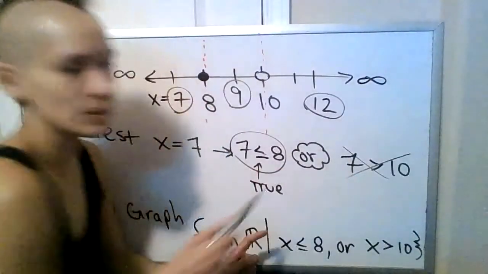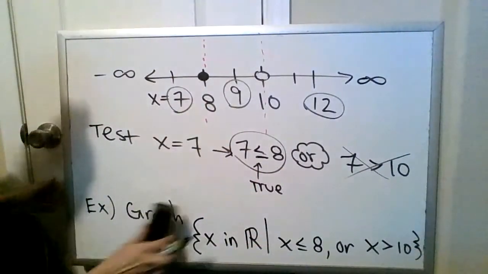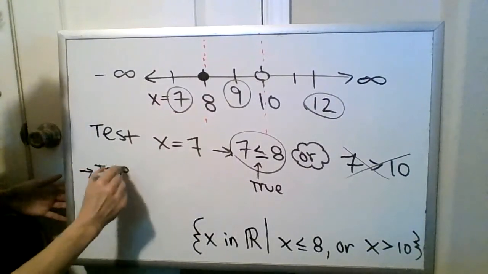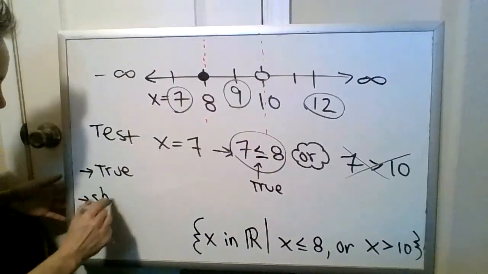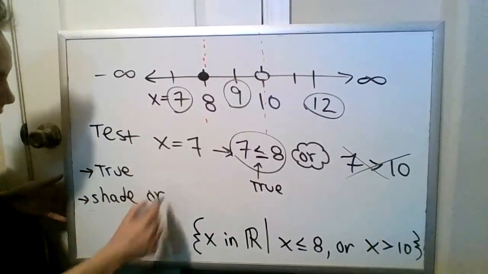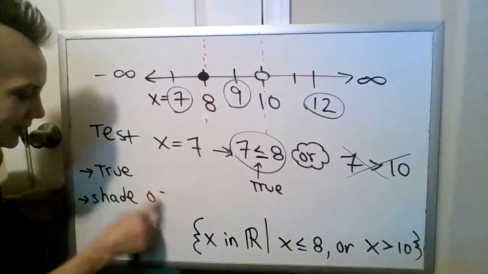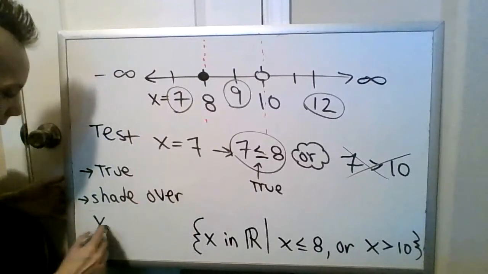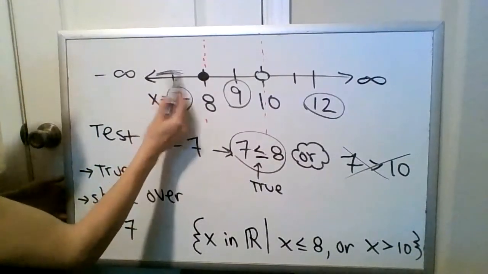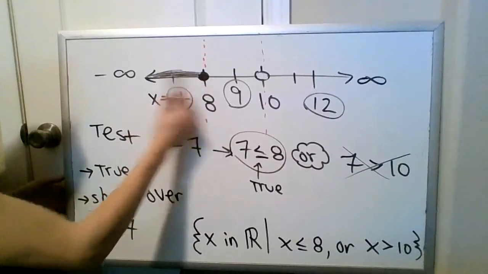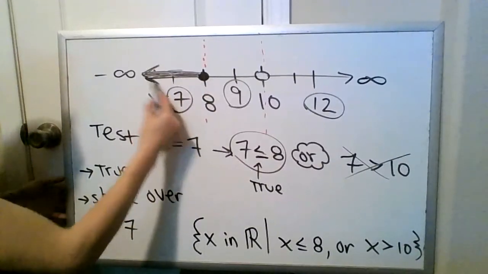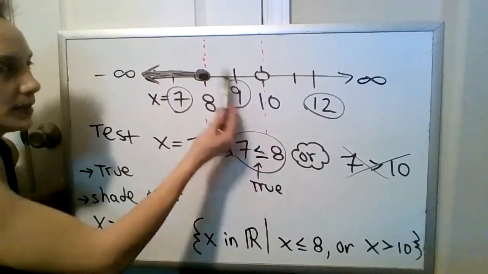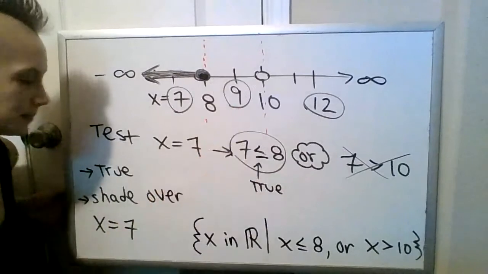So this is a true statement. Which means we're shading over x equals 7. And then for this part, we're going to test 9.